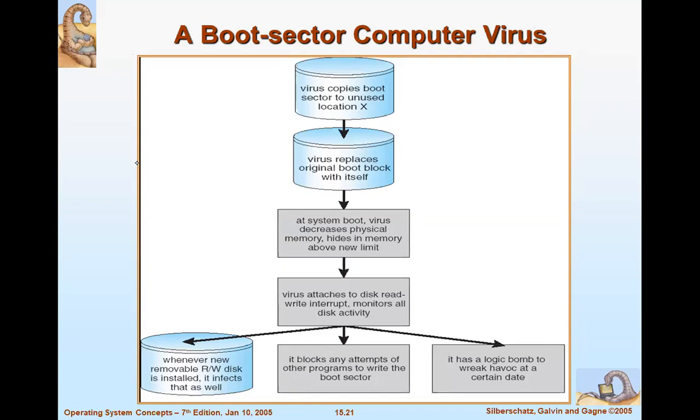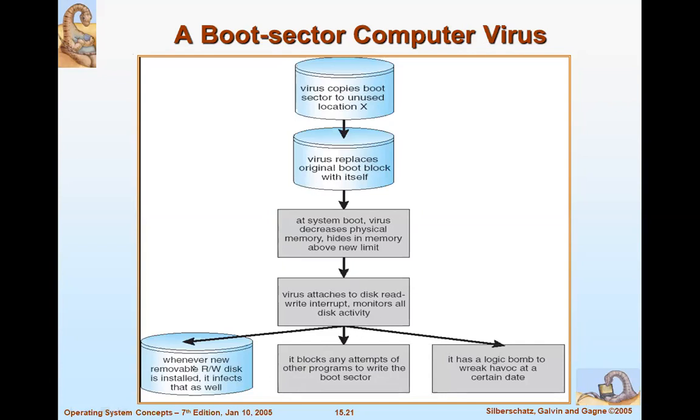All these things may happen inside your smartphone as well. The smartphone is also a place where the virus resides, and it can send you wrong messages as well. The virus attaches to disk read, write, and interrupt, and monitors all disk activities.